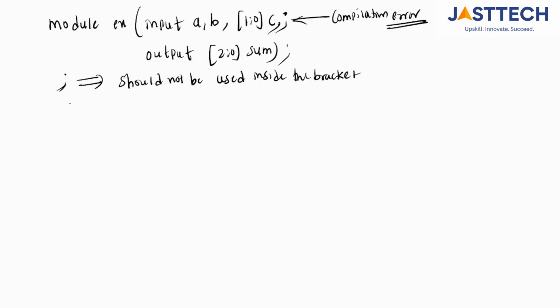And one more thing. I told you reg and wire data types are unsigned. Suppose I consider reg 2 down to 0 a, and a equal to 6. I want to declare this value.